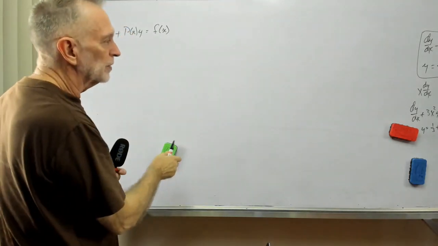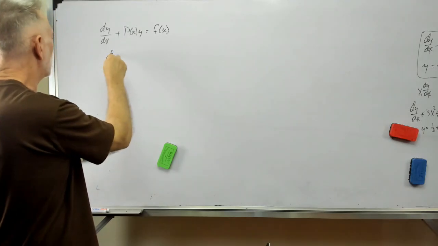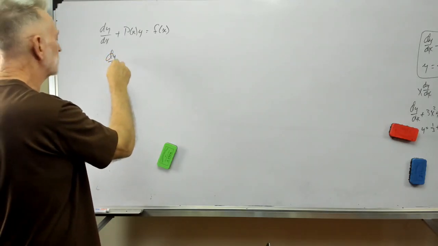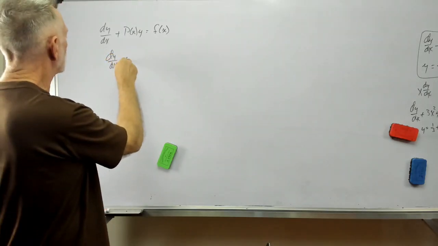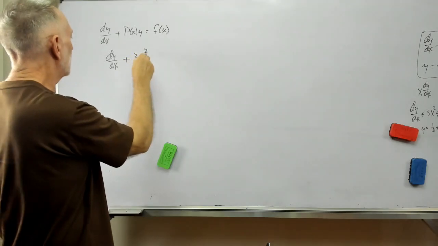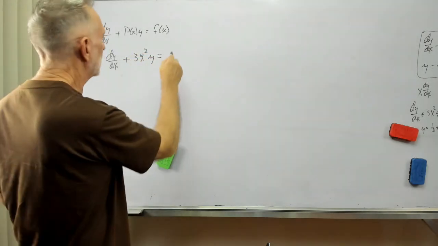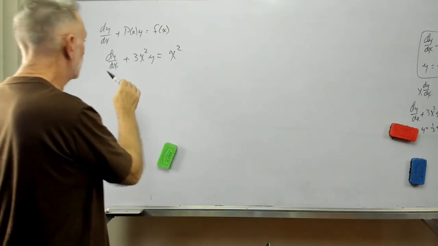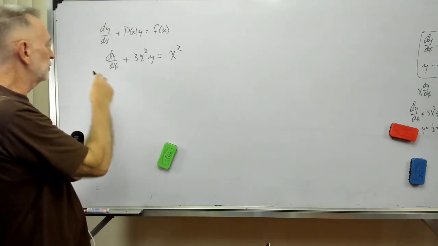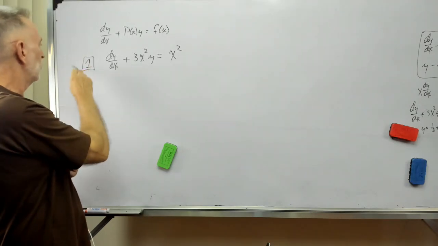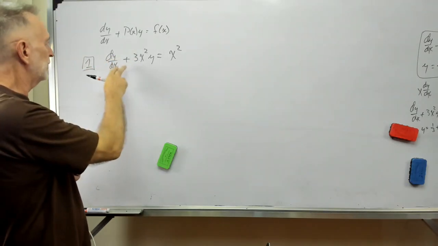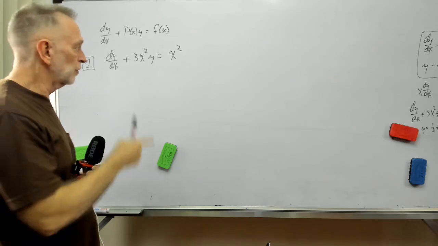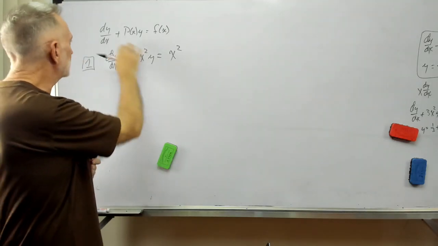What's my problem here? We've got dy/dx plus 3x squared y equals x squared. So step one, you write it in this form. Whatever the form is, if you can get it into the standard form for first order differential equations, that's the form.